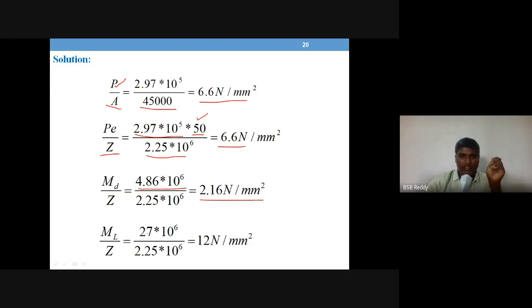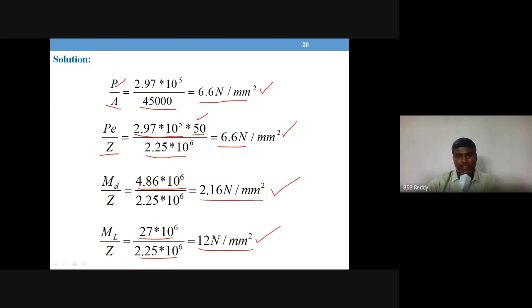In the same way, convert the live load bending moment into Newton mm by multiplying with 10 power 6, divided by Z, working out to be 12 Newton per mm square.